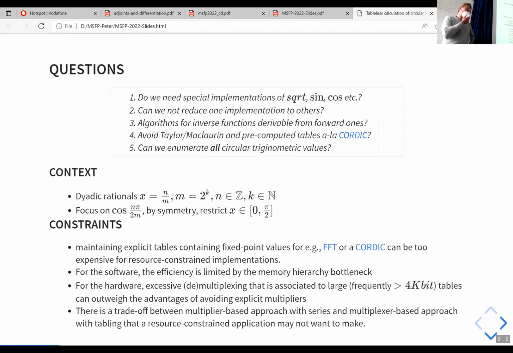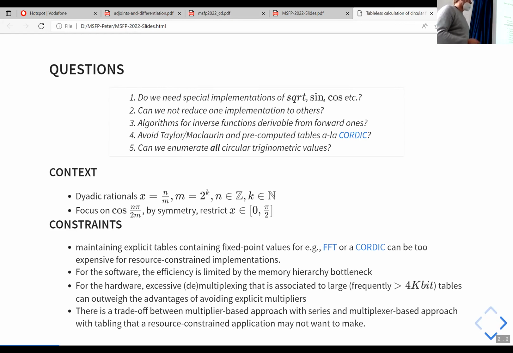So, what kind of questions do I want to answer by this talk? What questions did I focus on in my paper? Do we need to really implement square root functions, sine and cosine functions, specifically each time? Can we not reduce one of them to the other? Then there is a question, of course, can we actually derive algorithms for inverse functions from the algorithms that we developed for forward functions?